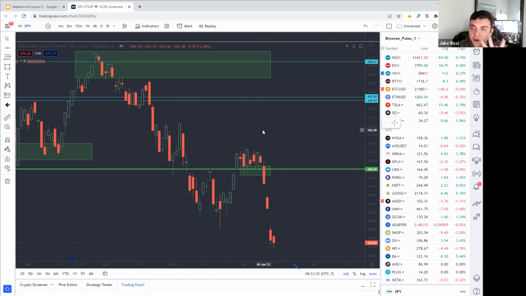Then we drill down further into our system. What's next? Individual bar analysis, right? This candle here, if you ask me what comes next on this candle, if you just truly think about what comes next, given the fact that we broke down out of the daily range, given the fact that we triggered the weekly sell, and just as importantly, given how this opened, tested inside the daily range, then broke the daily range and closed at the low very ugly, that candle gave us all the reason we needed to be short against it, right?